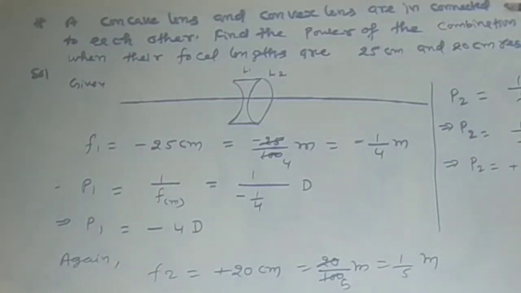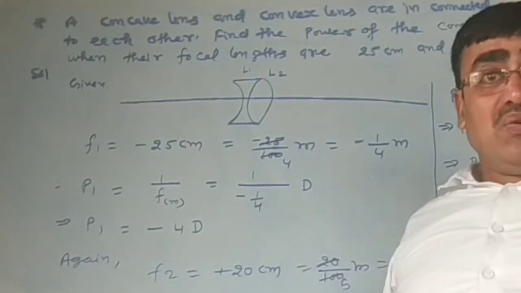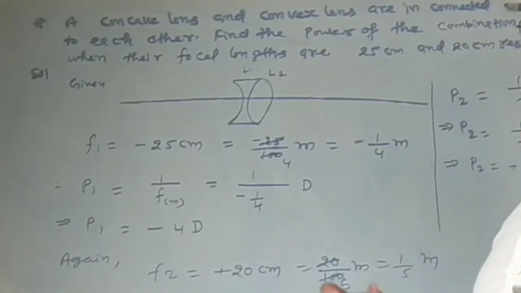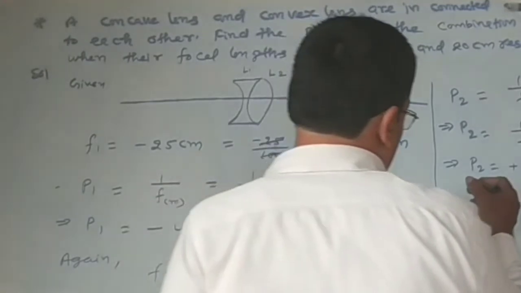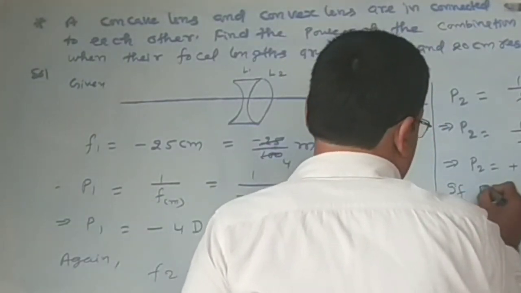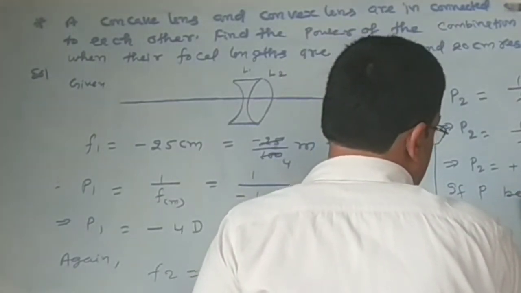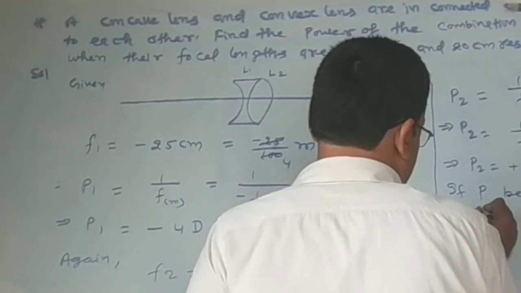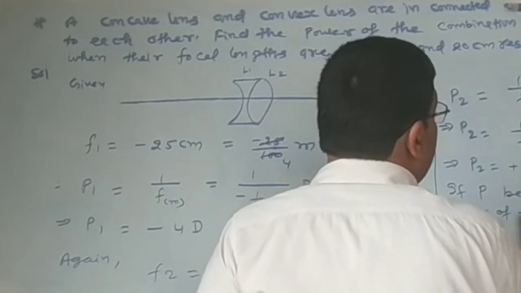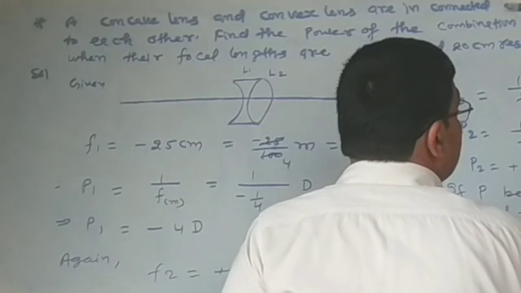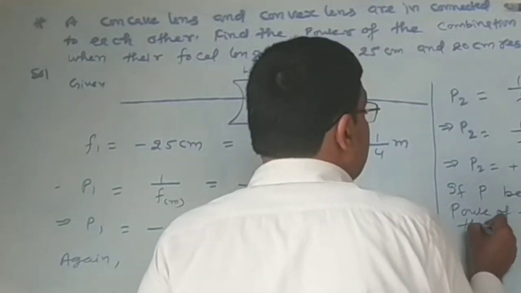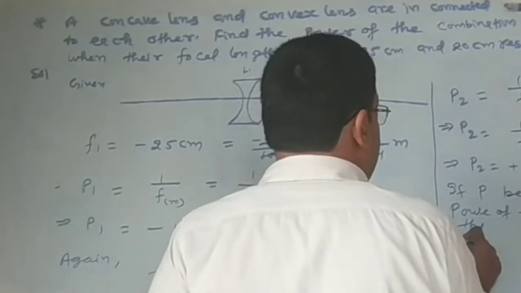Okay. Here we have found the power of both lenses L1 and L2. Now we assume that if P be the power of the combination, then what will happen?